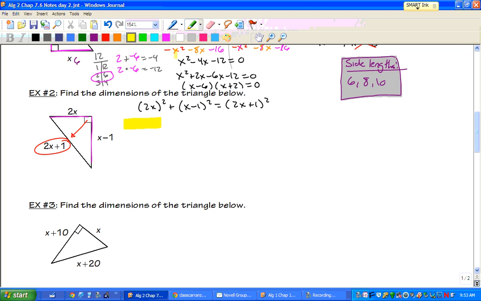So we're going to break this down so we can see what it would look like. So that's going to be the blue, that's going to be the yellow, and there's the gray. Okay, so this is 2x times 2x plus x minus 1 times x minus 1, and 2x plus 1 times 2x plus 1.